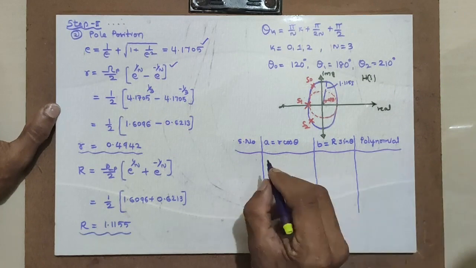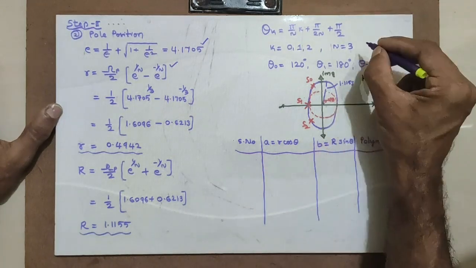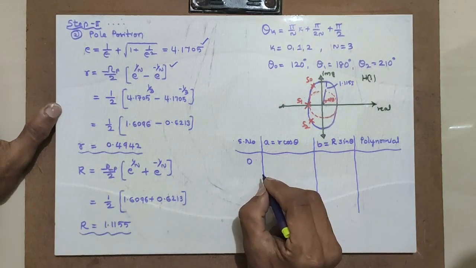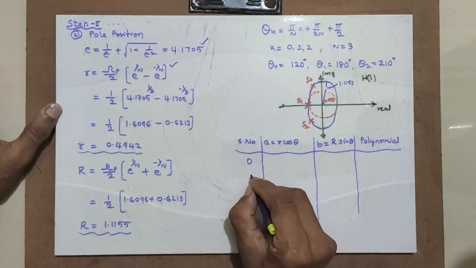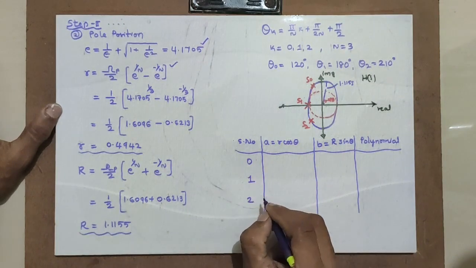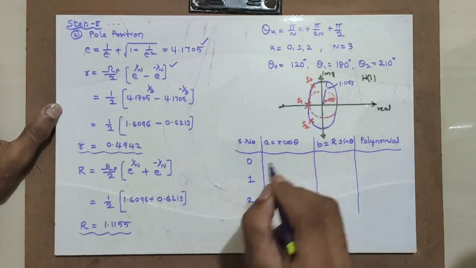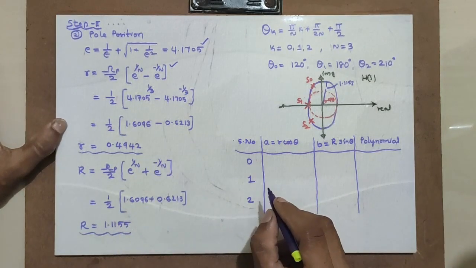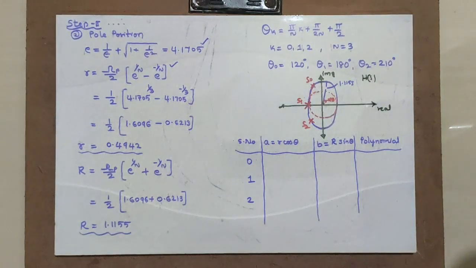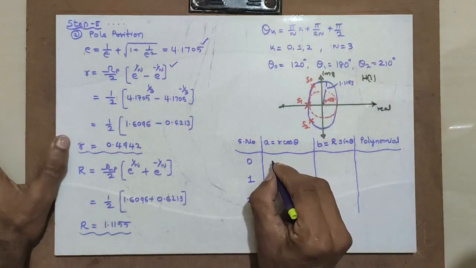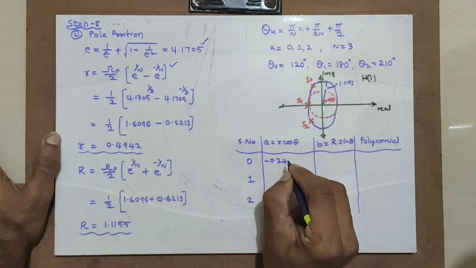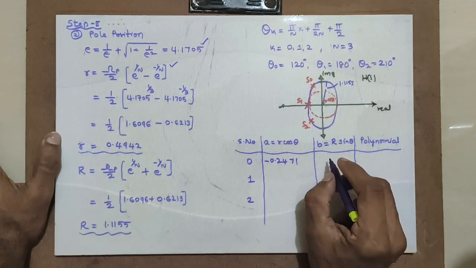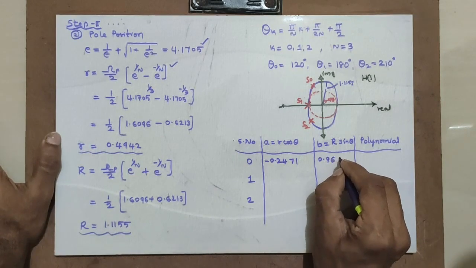See, how I will put the serial number: n is equal to 3, no? I will just put half of that, 3 by 2, that means 1.5, till 2: 0, 1 and 2. Now A is equal to R cos theta naught, that means 0.4942 into cos 120. Like that you can have the filled table here: minus 0.2471, and then B becomes equal to 0.9661.